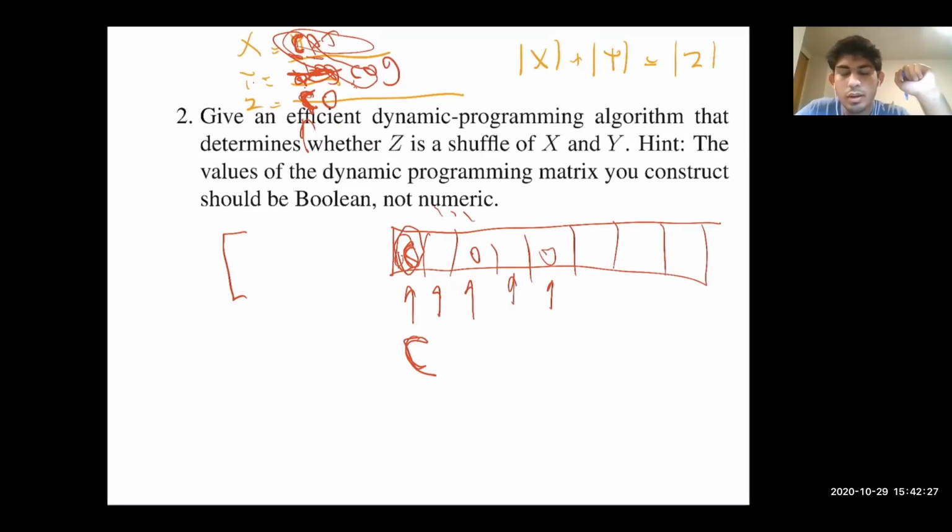I was thinking, okay, so you can have a matrix of n by m, where n would be the word that's of length n, and same thing for m.